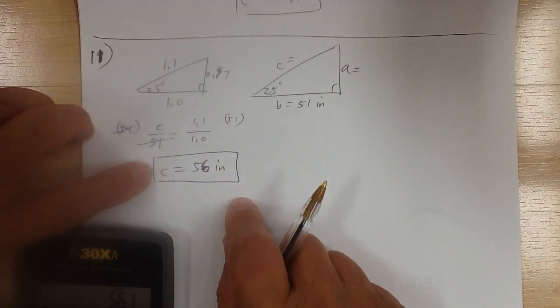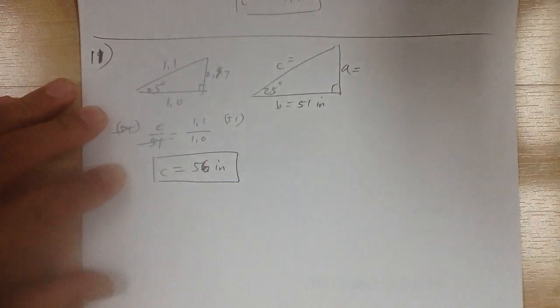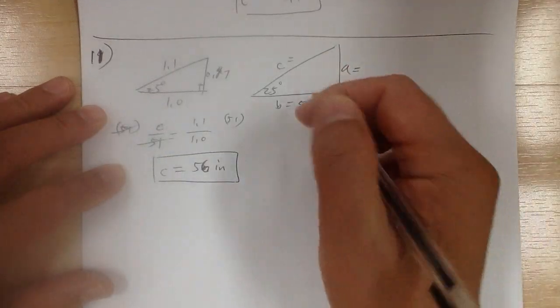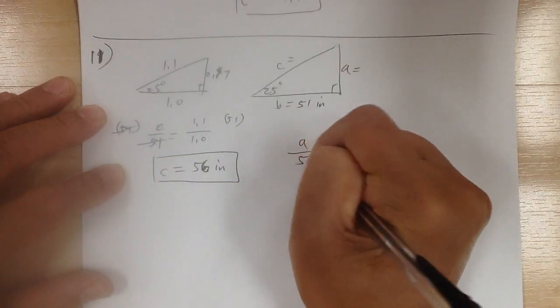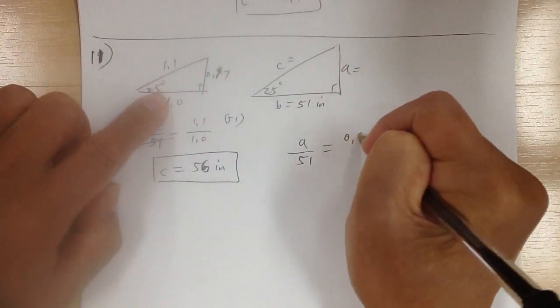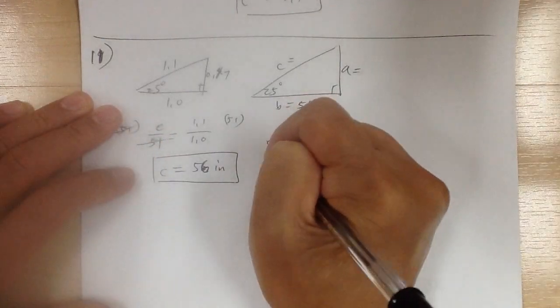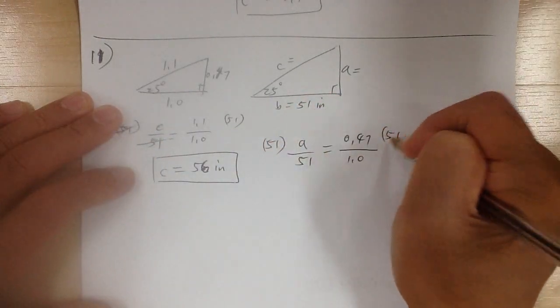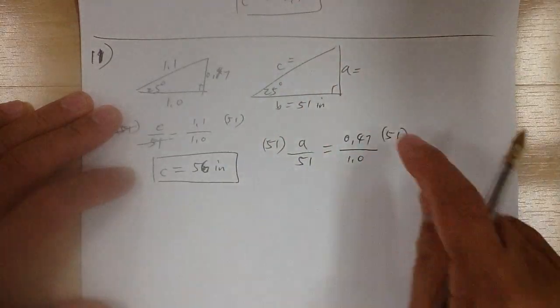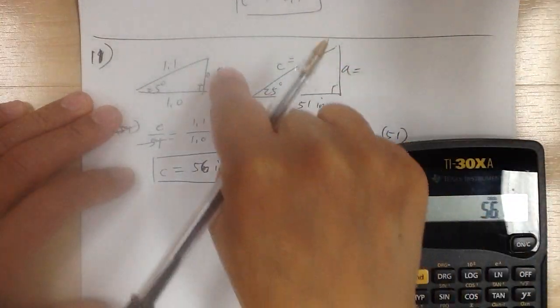And once we find C, then we can find A. Same thing, you're going to use this over this. So it'd be A over 51, A over B equal to this over this, so it'd be 0.47 over 1.0. Multiply by 51 on both sides. The key thing is to just match things up, matching this over this equal to this over this.